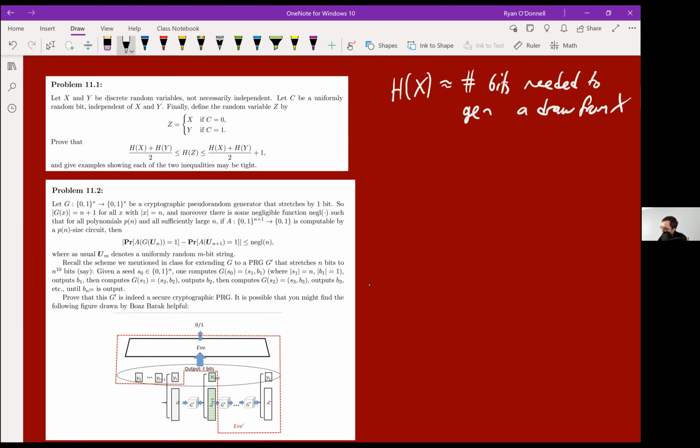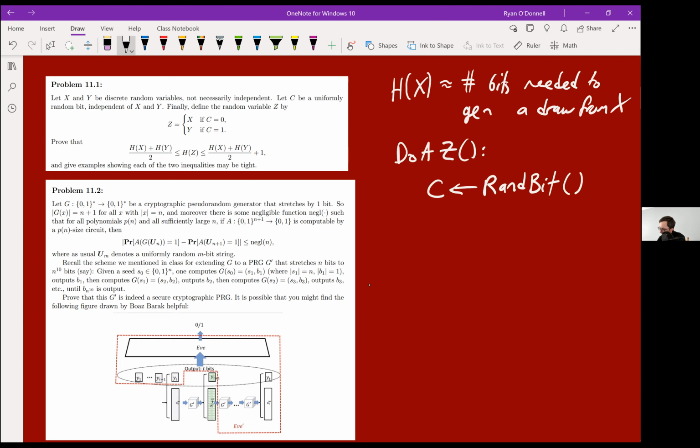And now we have this kind of computer code to define Z. It goes like this: c gets a random bit.